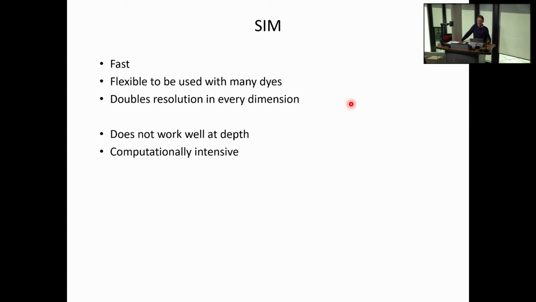You need to have a dye that you can photo switch. And if the dye isn't photo switchable between a dark and a bright state, you can't use STORM, and that actually limits the biology that you can do, because it has to be compatible with the dyes you have, and it's not possible to do multiple colors easily at the same time.